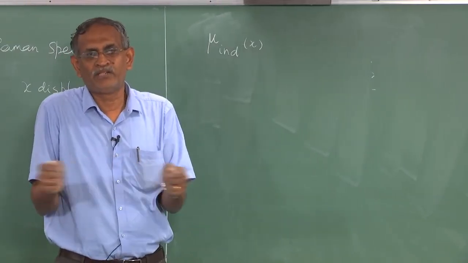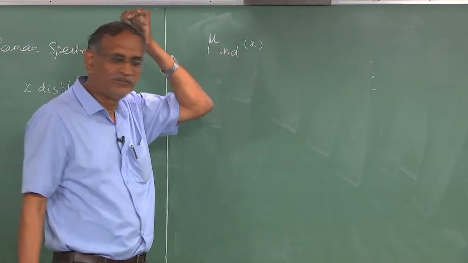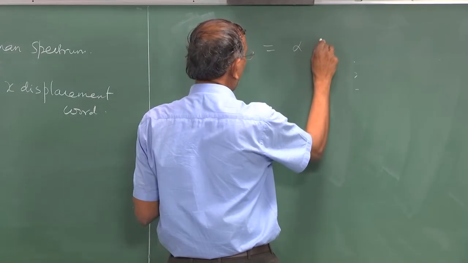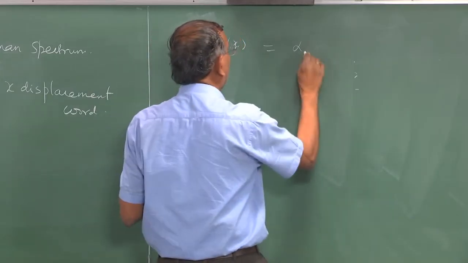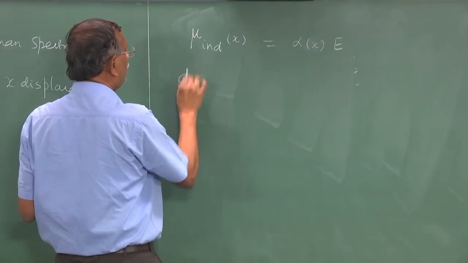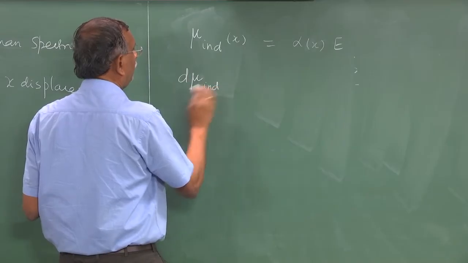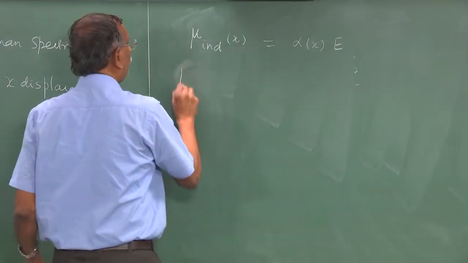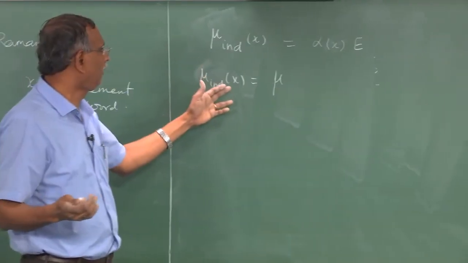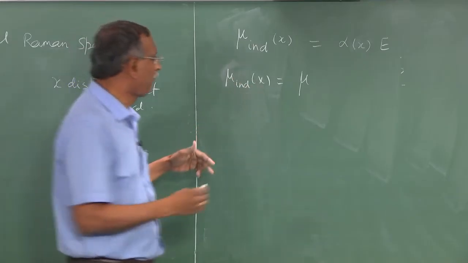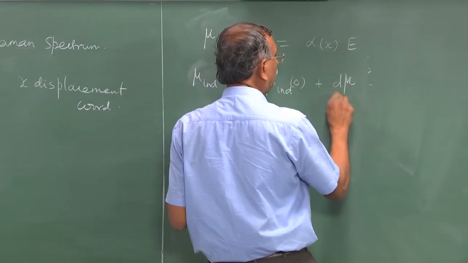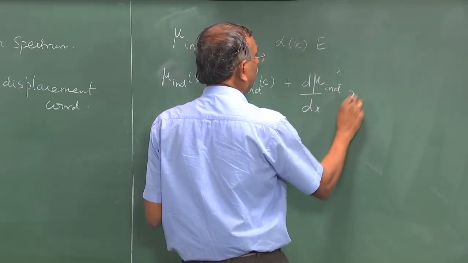Please remember, the polarizability is now absorbed in the mu induced x itself, and the mu induced x is going to involve alpha times E. So, when there is no vibrational amplitude, it will be mu induced 0 plus d mu induced by dx times x.